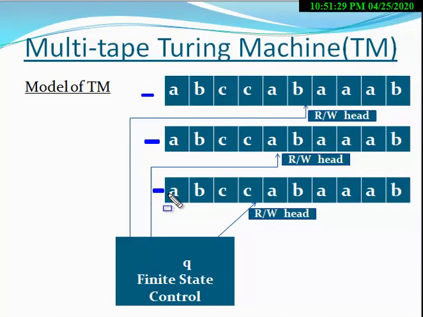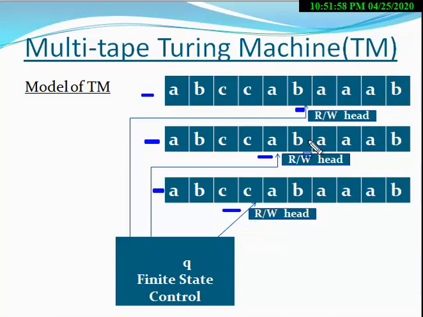One head corresponds to one tape. It means if the number of tapes is n, the number of heads will also be n. So in this model there are 3 tapes, therefore 3 heads will be used. The first head is here, the second head is there, and the third head is there, right?